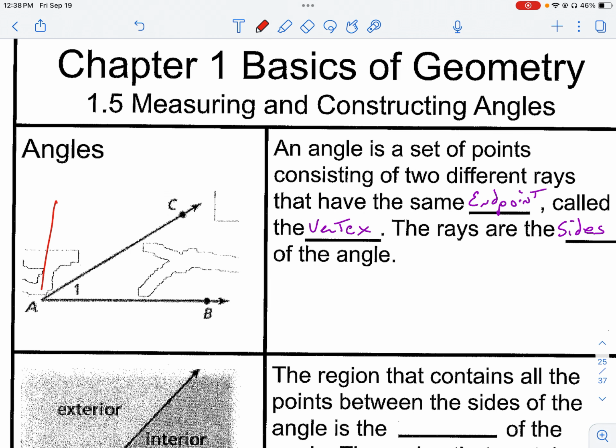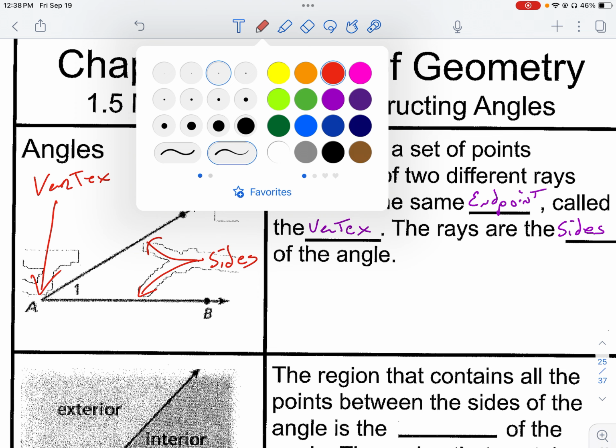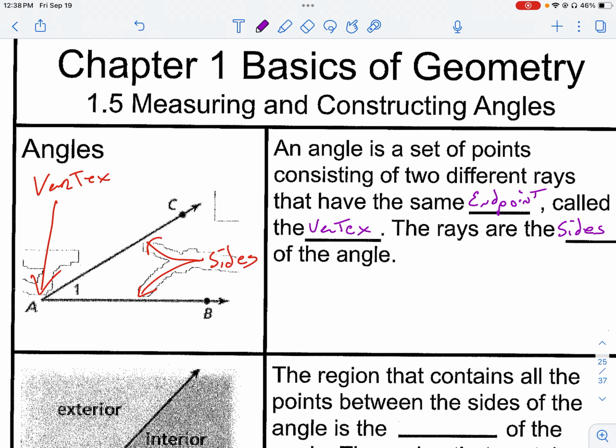So here we've got our vertex, and here we've got our sides. When we name our angles, this angle here, we're going to call angle CAB.